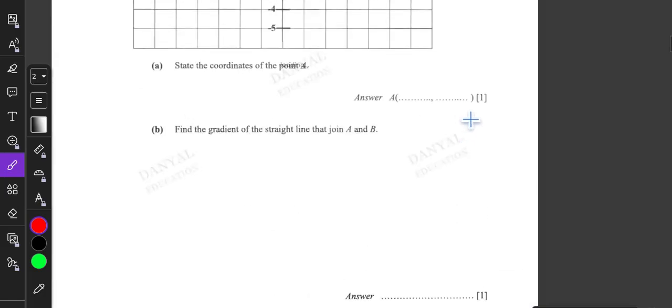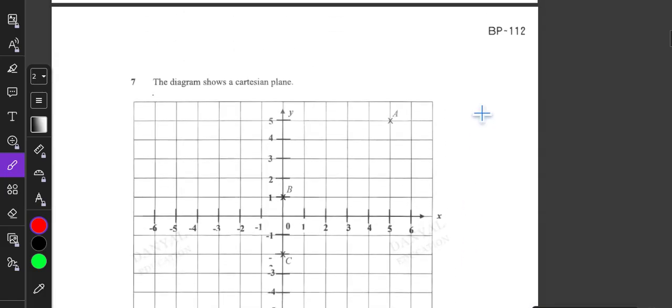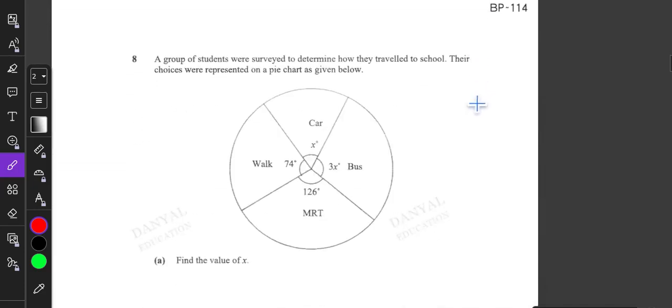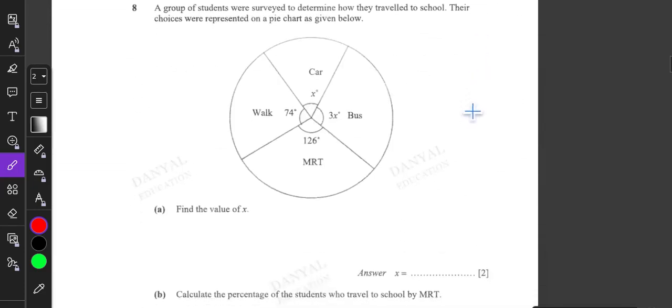Okay, so this one is coordinate geometry. I will not cover it. I will jump straight to this. A group of students were surveyed to determine how they travel to school. Their choices were represented on a pie chart as given below.